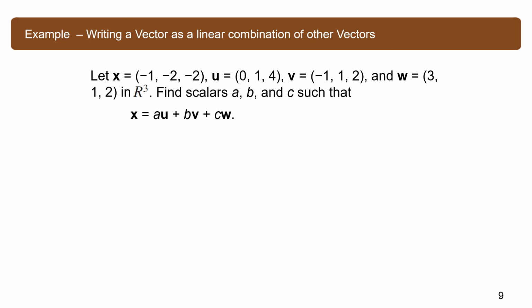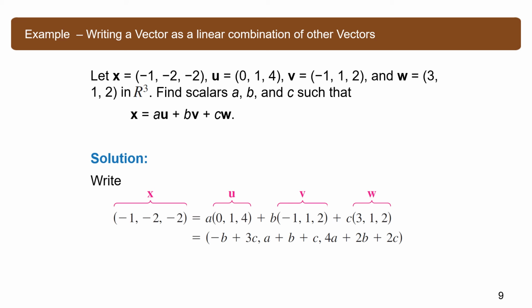For which I would like to take constants a, b, c, and find what those constants a, b, c are. So if x bar can be written as a linear combination, then x bar is equal to a u bar plus b v bar plus c w bar, where the values of u bar, v bar, w bar are known.